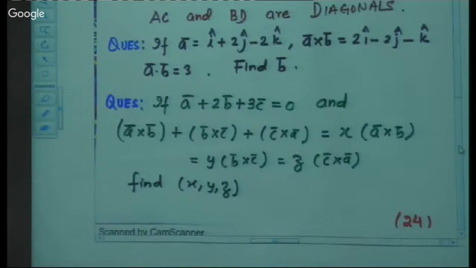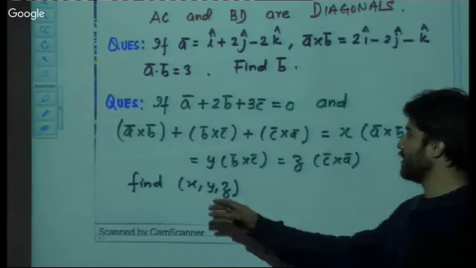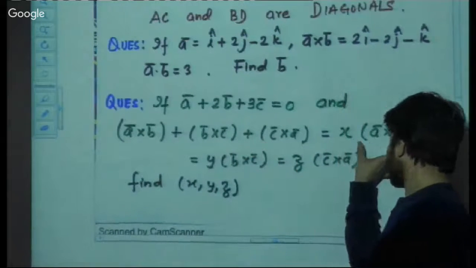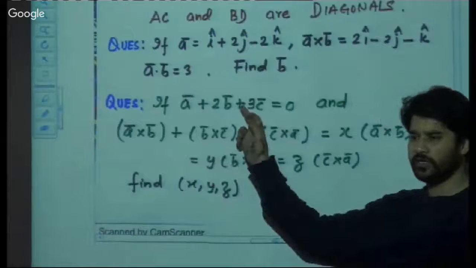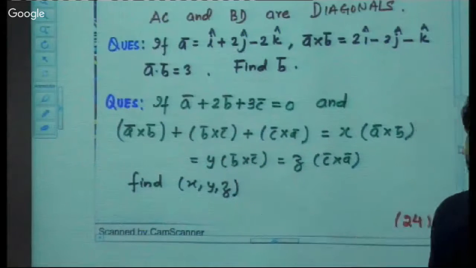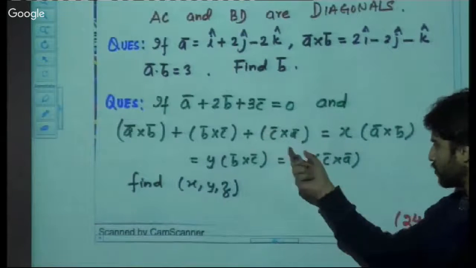Any idea? You see, here they are giving A cross B plus B cross C plus C cross A in terms of A cross B. They have written the whole story in terms of A cross B, and then again they have written the whole story in terms of B cross C, and then again they wrote this in C cross A terms.